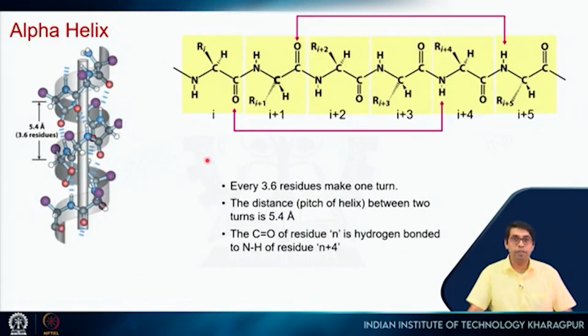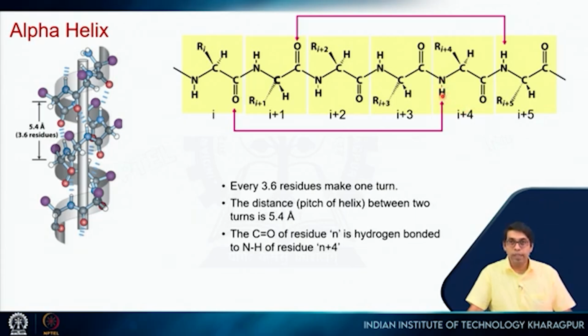So let's look at the alpha helix first. If I draw this peptide chain where I have amino acids I plus 1, I plus 2, I plus 3, I plus 4 and I plus 5, this folds into a helical structure like this and it forms a particular pattern of hydrogen bond. The pattern is such that the carbonyl oxygen of the ith residue forms a hydrogen bond with the amide hydrogen of the I plus 4 residue.